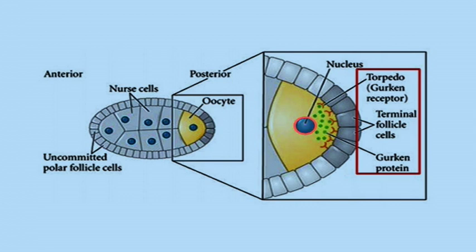The nucleus expresses a protein called gurken, which is secreted locally and thus only activates follicle cells in the dorsal region by interacting with the torpedo receptor. This inhibits the production of pipe protein, and thus follicular cells expressing pipe are on the ventral side.